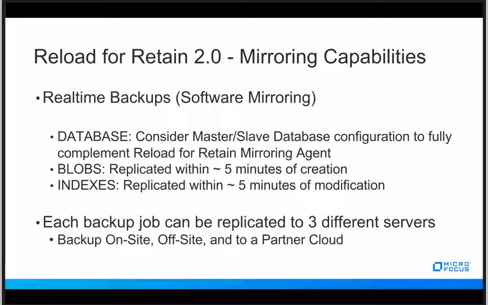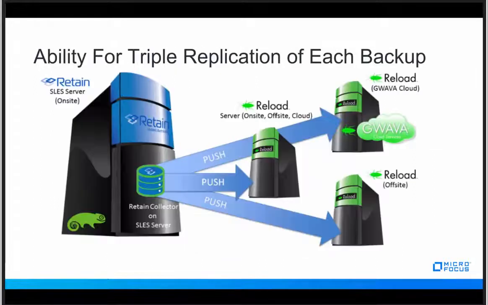Now, also what's neat is each backup, be it mirrored or non-mirrored, can be replicated to 3 different servers. Your on-site, your off-site, and your partner cloud. And in fact, I should also say, if you want to get really crazy, it's actually really easy to replicate your data to up to 60 other reload servers. That's pretty crazy, but nonetheless, you have even more flexibility beyond what I'm showing you here in this slideshow.